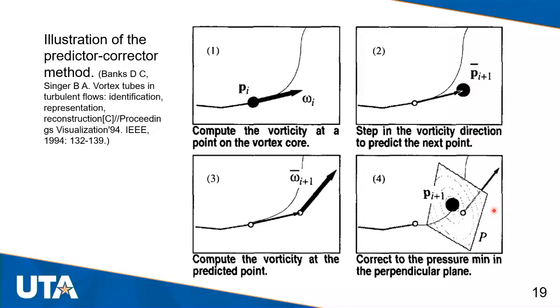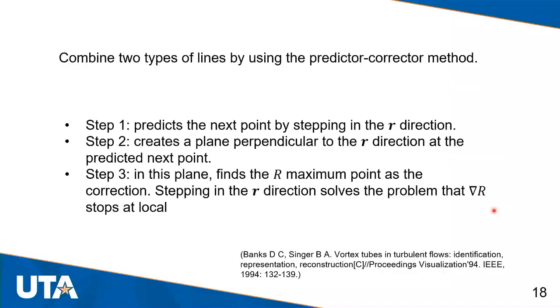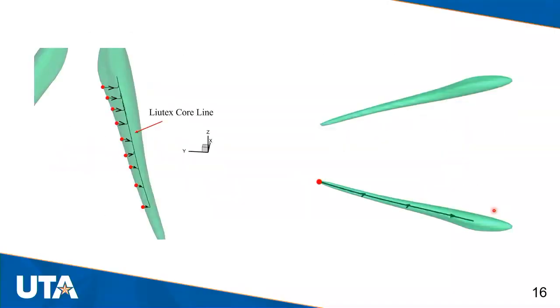So this method overcomes the drawback of the gradient line. Here, if we draw a gradient line, it stops, but this point does have a Liutex direction. So we can still find the next point along the Liutex direction. That may have some error, then we correct it by the Liutex gradient.